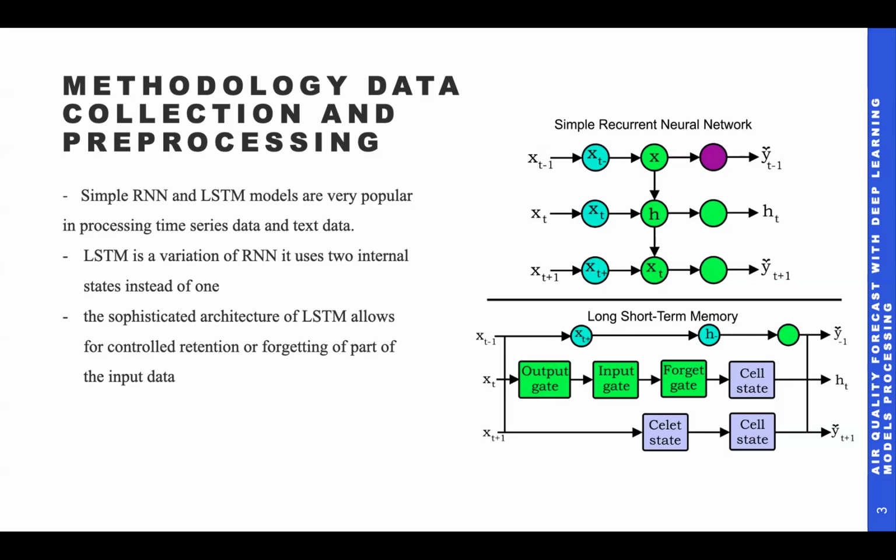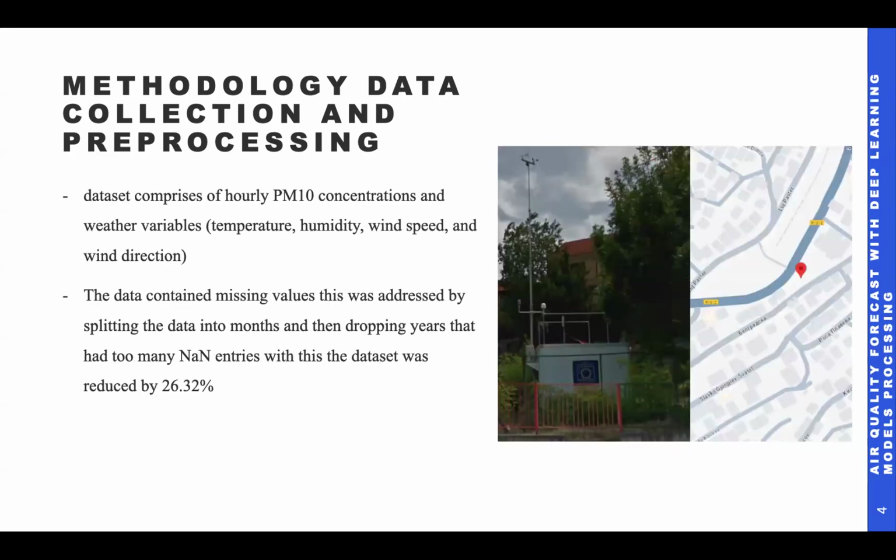These are the cell states. It has three gates, forget, input, and output, and these gates let the LSTM decide what to remember or discard. This is perfect for long-term air quality pattern recognition that spans days or weeks.